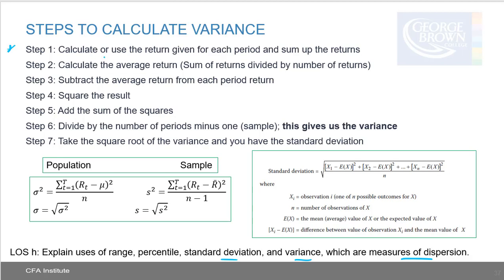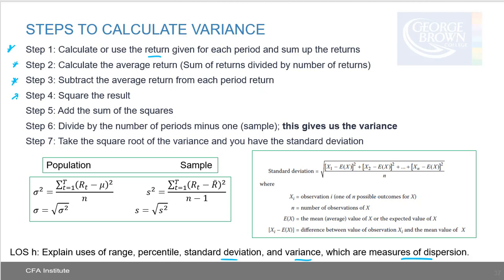So step one, you're going to use the returns given for each period and sum up the returns. Step number two, you're going to calculate the average return, which is the sum of returns divided by the number of returns. So far, so good. We've seen that already. Step number three, we're going to subtract the average return from each period of return.